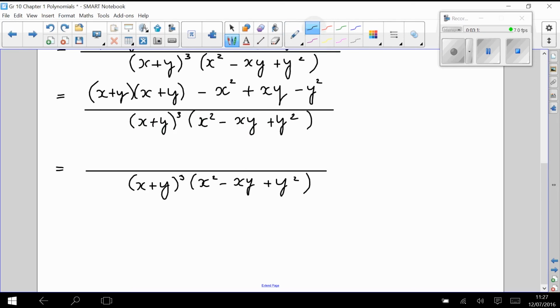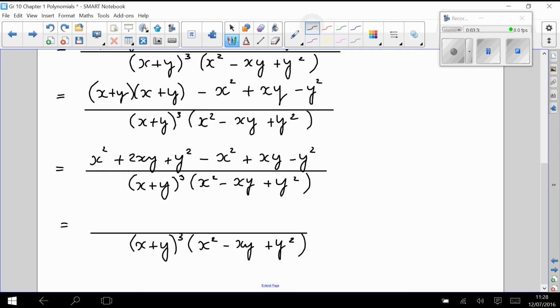Multiplying out my first 2 brackets, I get x squared plus xy plus another xy, which is plus 2xy, plus y squared. And when I add that to the existing terms, I find that my final answer is going to be 3xy all over my common denominator.